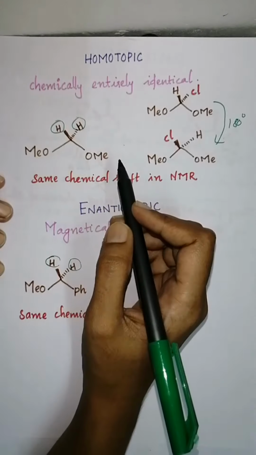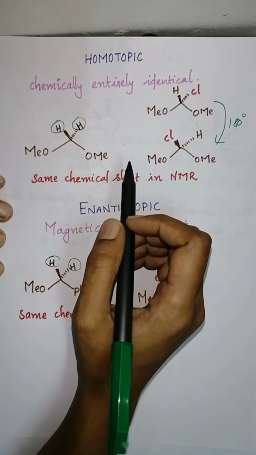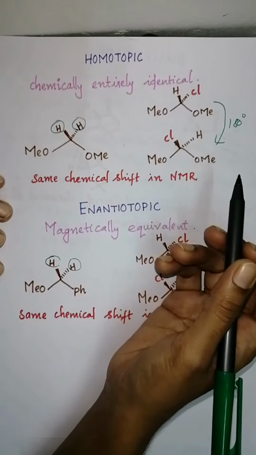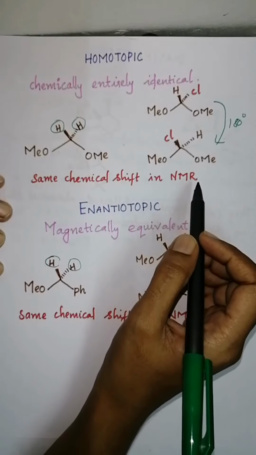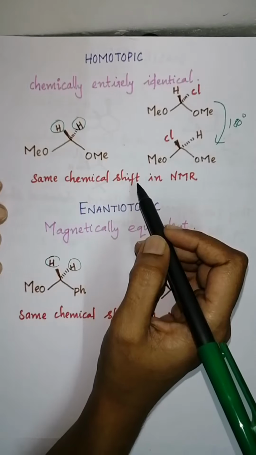So that's about homotopic. Also, the point to be noted in the case of homotopic is that they cannot be distinguished by any chemical reagents, enzymes, or NMR. So that's about homotopic groups.